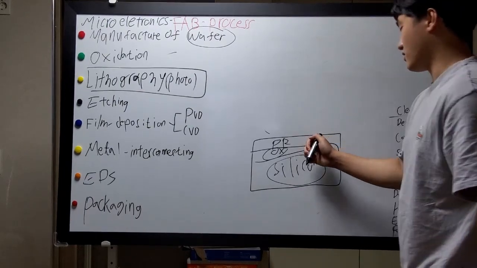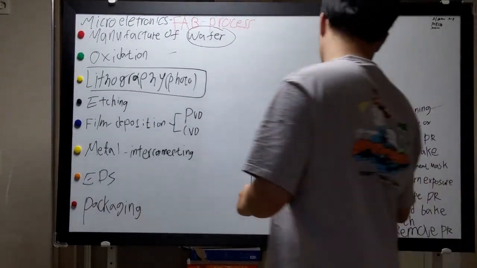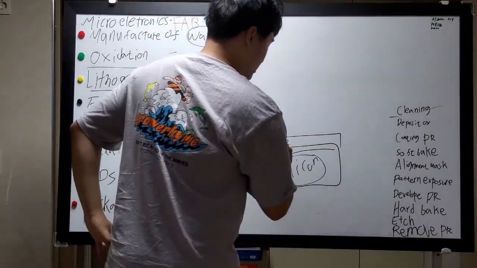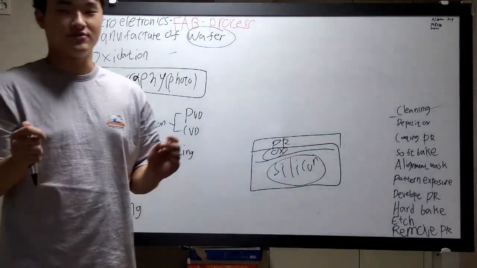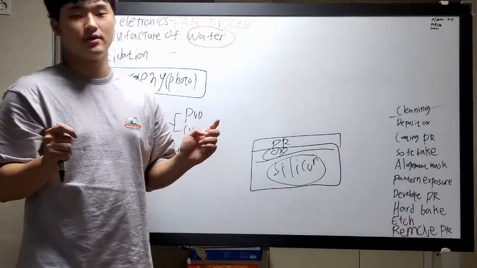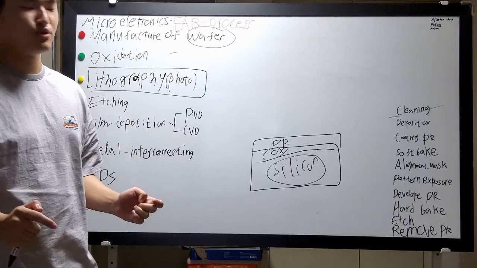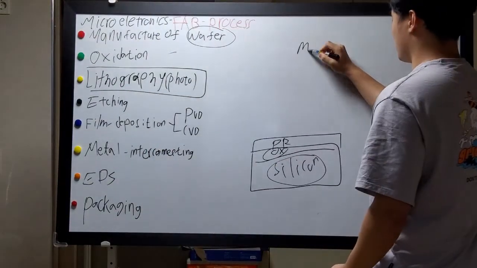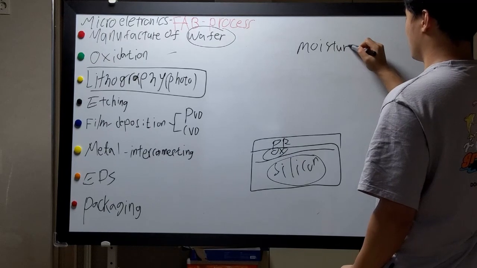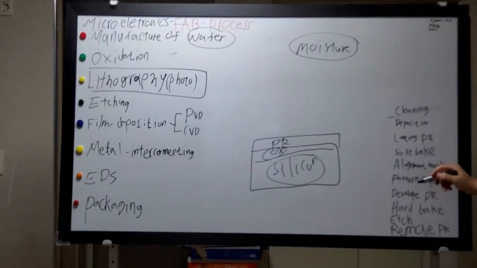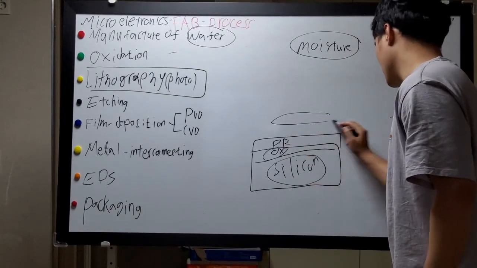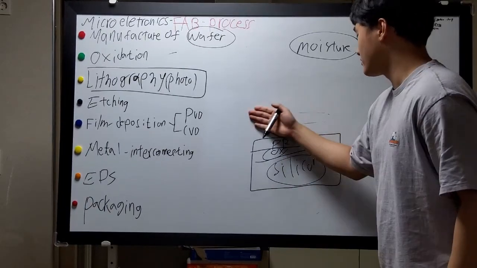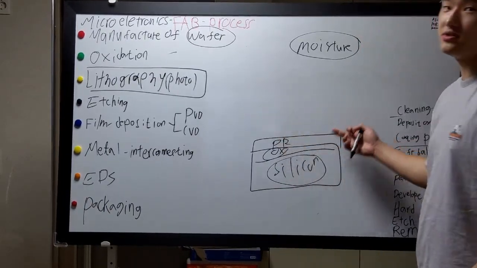So let's see, we just coated the PR over the oxidation layer, and we know that the photoresist, when it first comes to the layer, is somewhat similar to a liquid, so we need the moisture to be gone. So a soft bake process will be applied. After soft baking, most of the humidity or moisture will be gone.